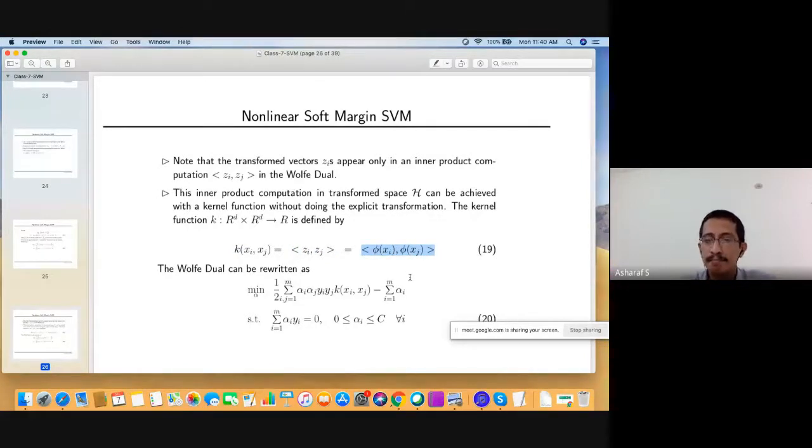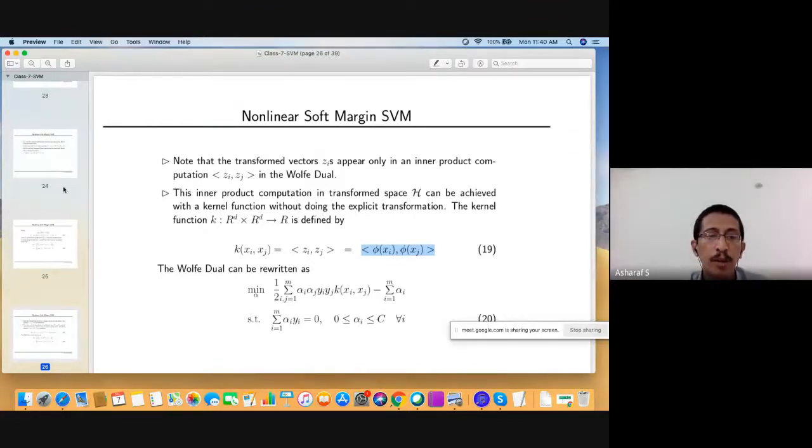In mathematics, such functions do exist. So you can do SVM learning in the other space.